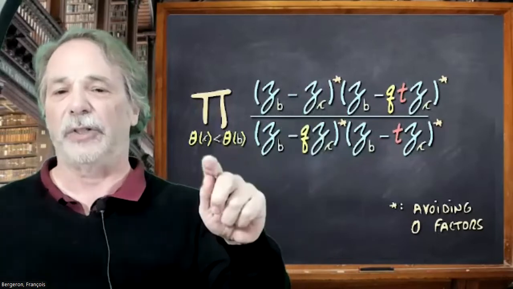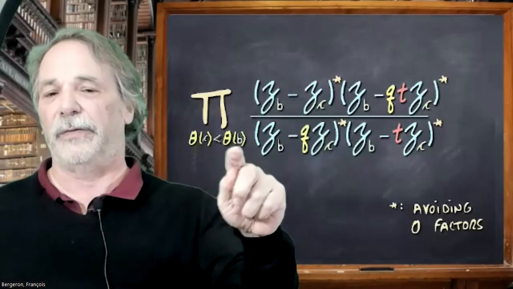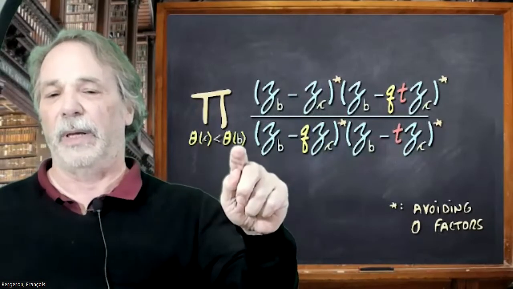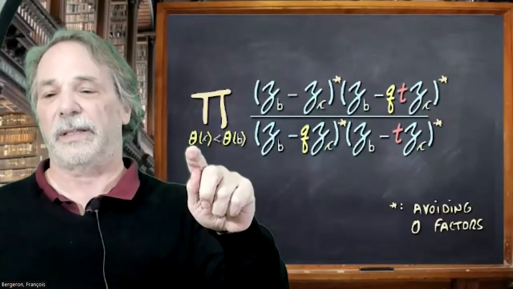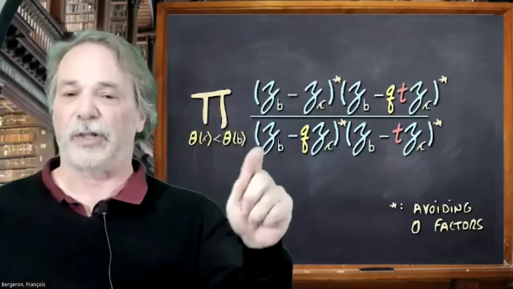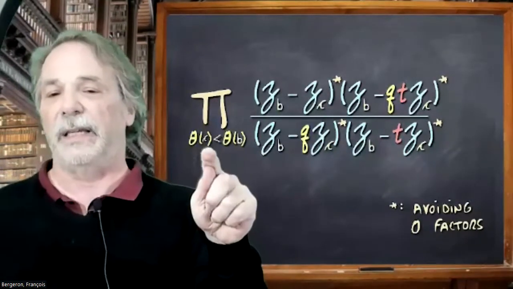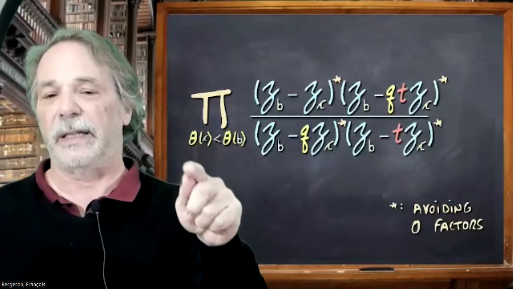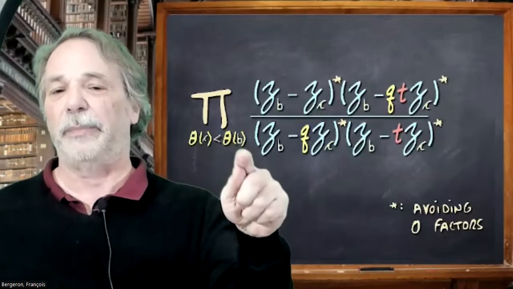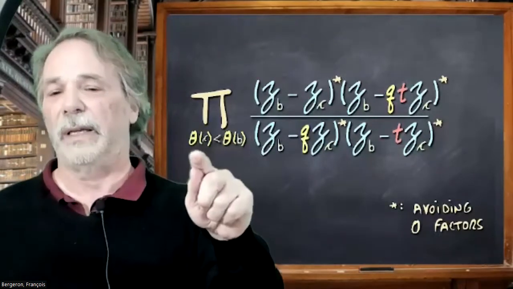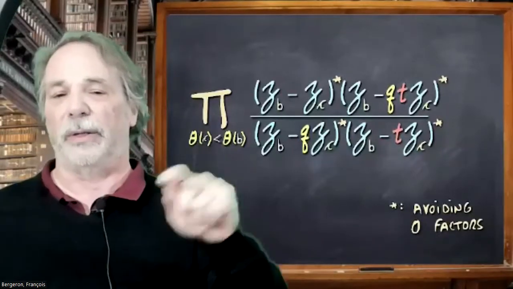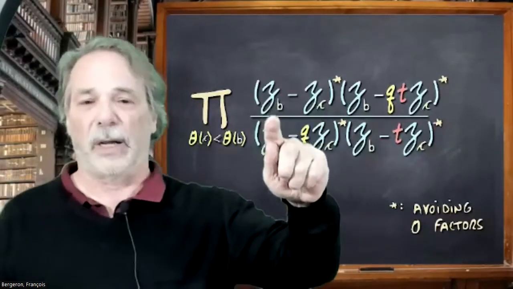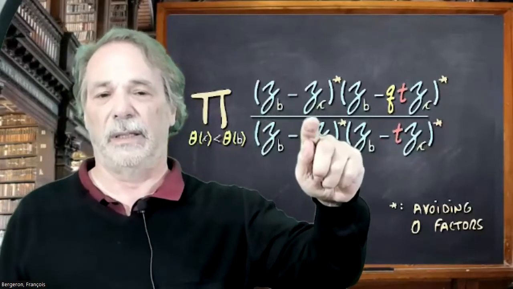B and c are two cells of the diagram of mu, and tau is a standard Young tableau of that shape. So you look at the cell C and look at the value that sits in it, and then you look at the cell B, the value that sits in it, and then you compare these values, they must be smaller. So you do the product, ZB minus ZC.